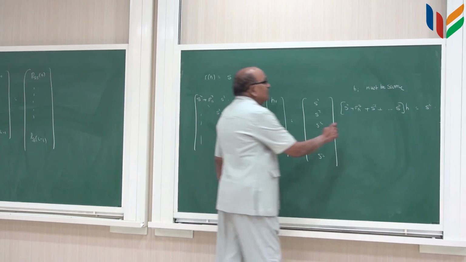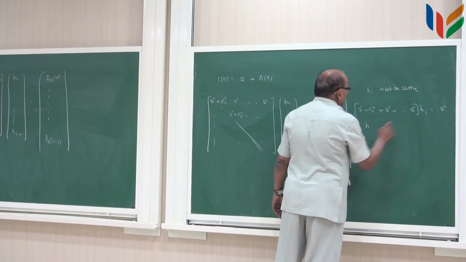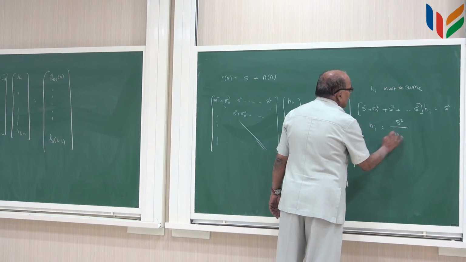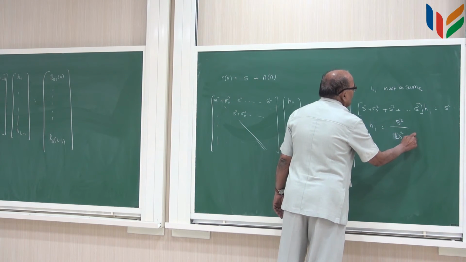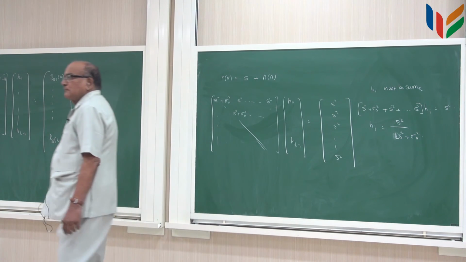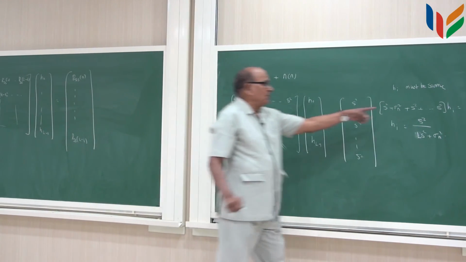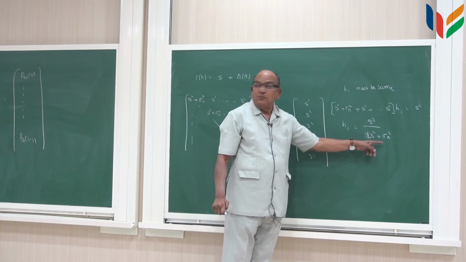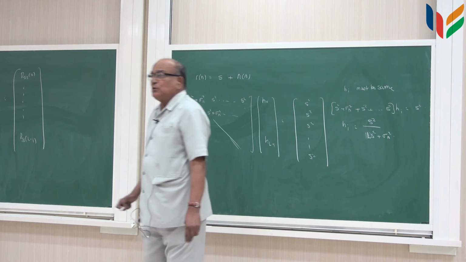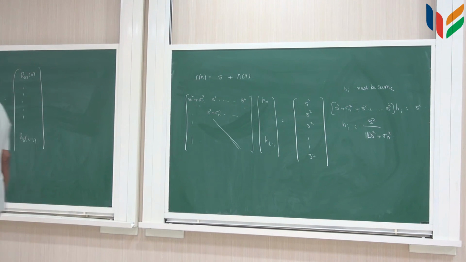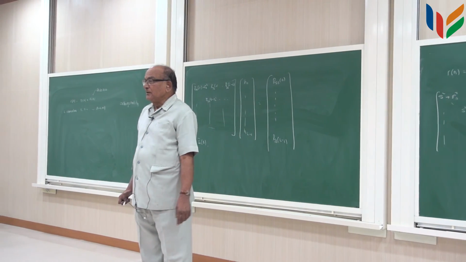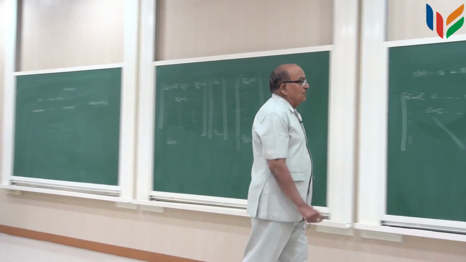H is equal to any HI. There are L number of them here, S squares, and only one sigma n square, and here S square. So the coefficients with which you weight the observations are all the same value, but the value is given by S square by L S square plus sigma n square.